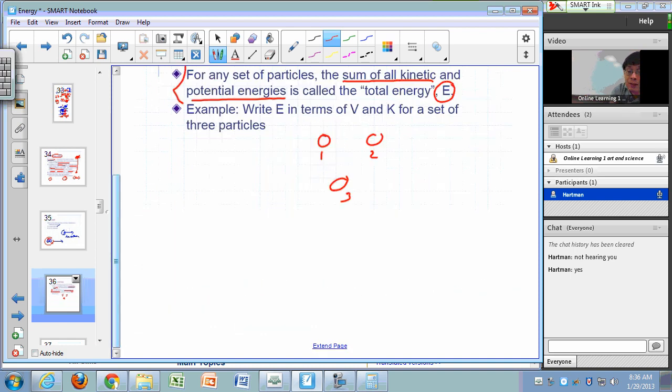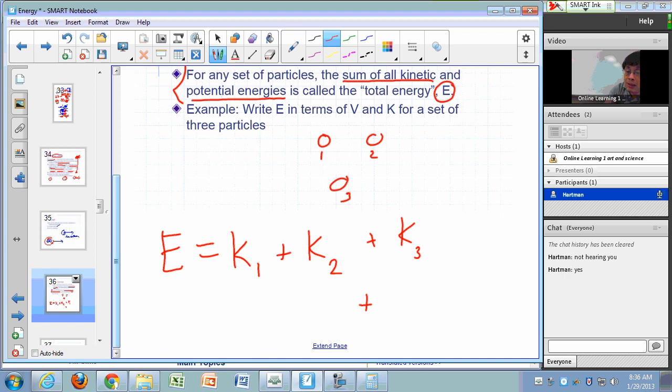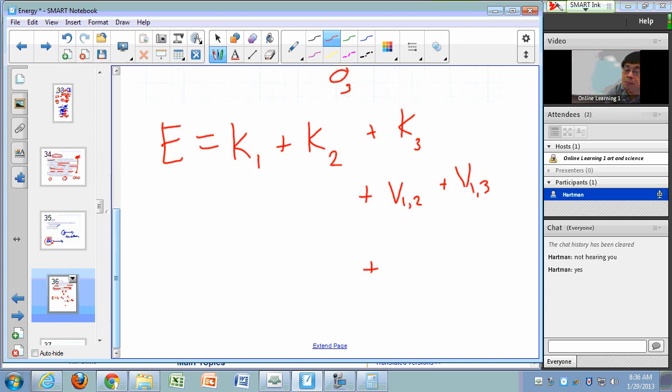The total energy is going to be the kinetic energy of particle 1 plus the kinetic energy of particle 2 plus the kinetic energy of particle 3, plus the potential energy due to the interaction of particle 1 and particle 2, plus the potential energy due to the interaction of particle 1 and particle 3, plus the potential energy due to the interaction of particle 2 and particle 3.